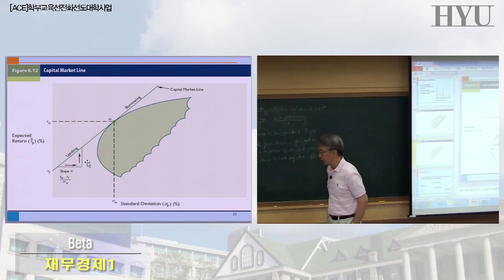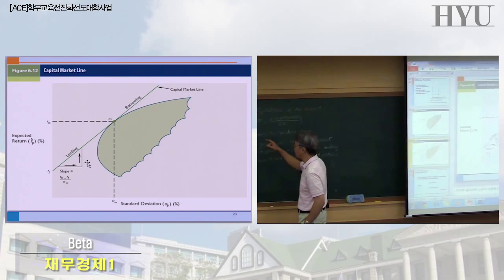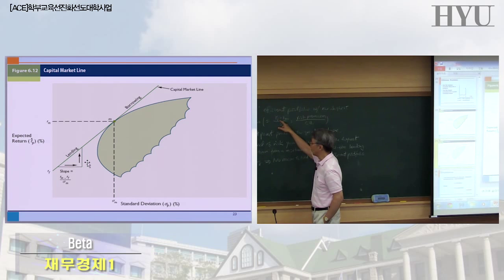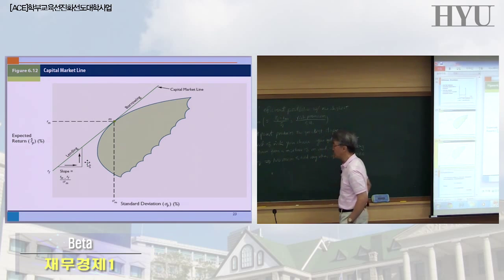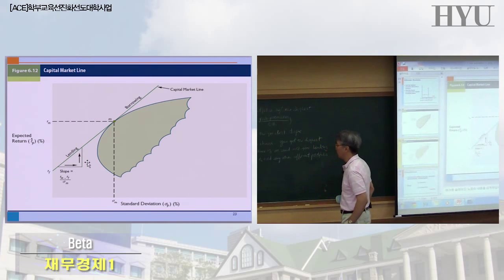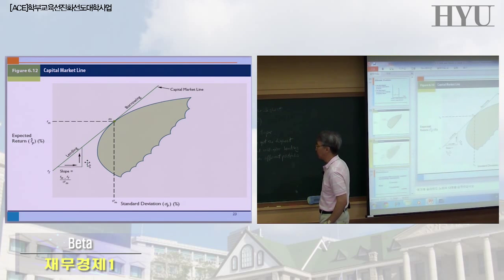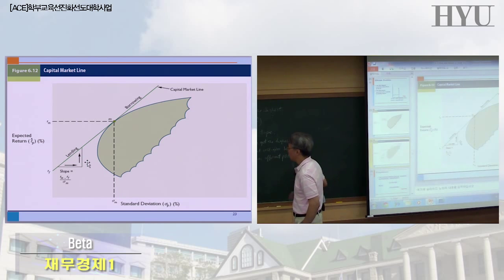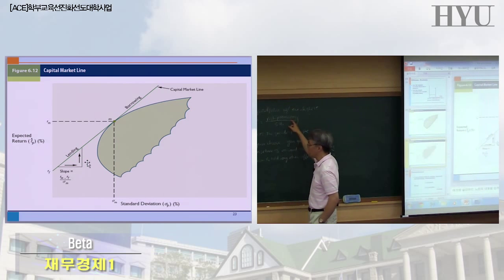For any investment portfolio J, the Sharpe ratio is Rj minus Rm divided by sigma, the sigma of the portfolio, the risk involved with the portfolio. So that's actually the risk premium. We'll talk about risk premium today.